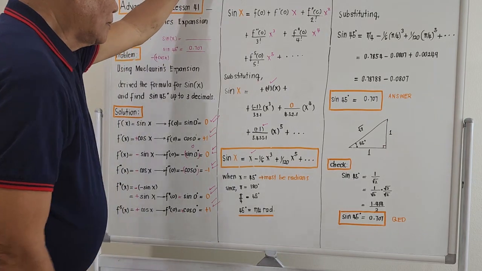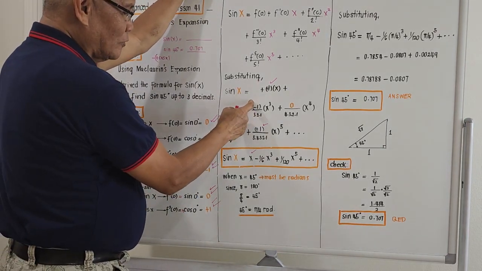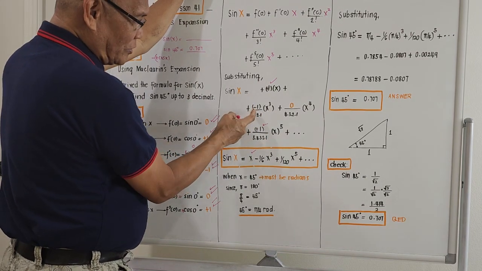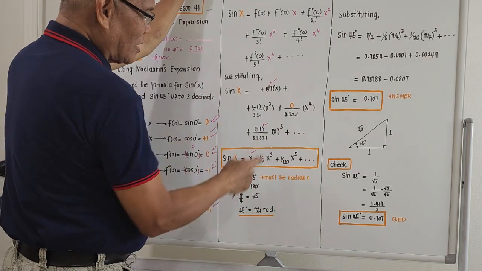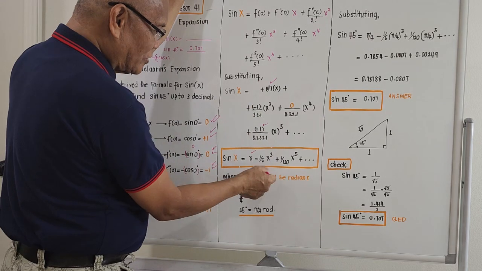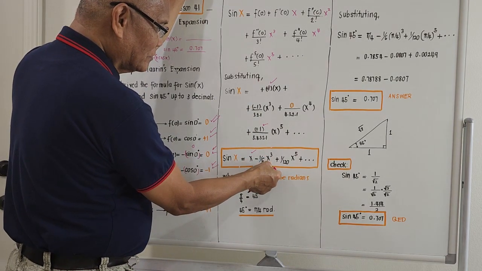Plus the third one, negative 1 over 3 factorial times x cubed. This is not 0. This is negative 1, right? So this should be 3 times 2, which is 6. Since this is plus, this is minus, this should be minus 1 over 6 times x cubed.